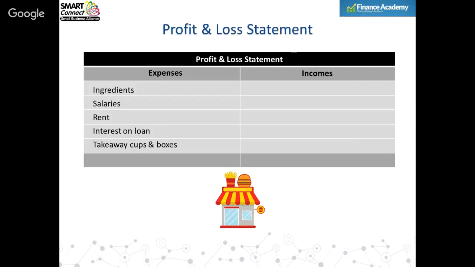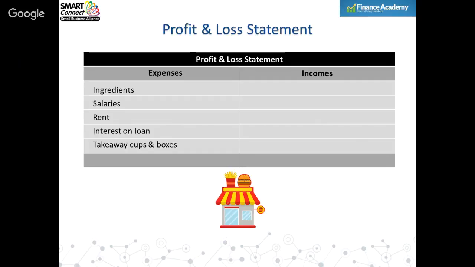If you have taken a loan from the bank, then you will have to pay interest every month. That is considered as an expense. And also takeaway cups and boxes. When you make that burger, you usually serve it on a plate or a box, or you put the fries in a cup. Even that is considered as an expense, cost that is incurred for the business.